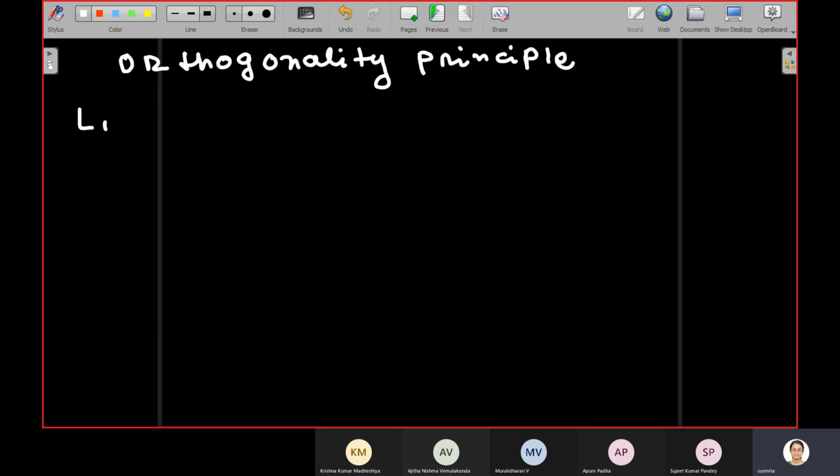Next, our objective is to have a linear MMSE estimate. And to be generic, we want to process a number of measurements.